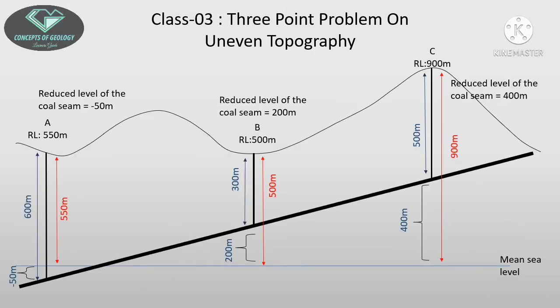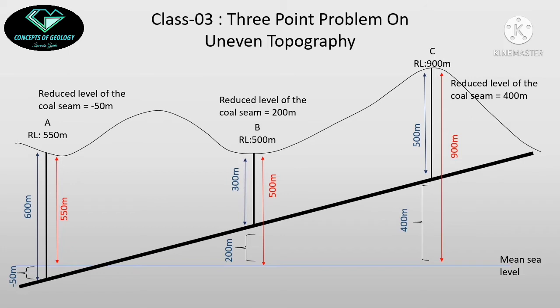In the third class we discussed the fundamentals of the 3-point problems on uneven topography. To solve this kind of problem, we need to first deduce the reduced level of the point where the borehole is touching the target bed.